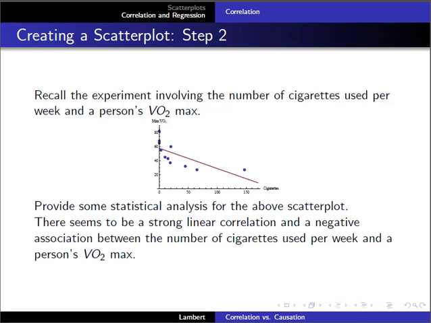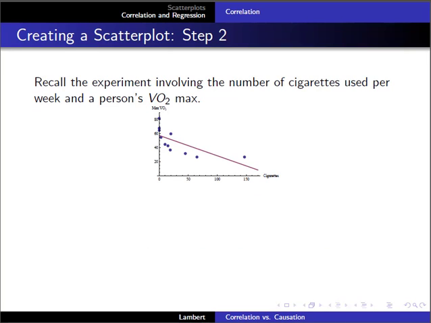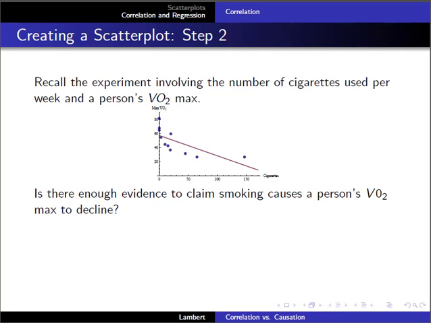And with that in mind, what we want to see is, with the correlation being strong and negative association between those, can we actually say that smoking causes a person's VO2 max to decline? This is the big difference. I know a lot of you might be saying, well, yes, of course. Actually, from these studies, as they're set up, the answer is not as of yet, okay? And let me kind of explain.